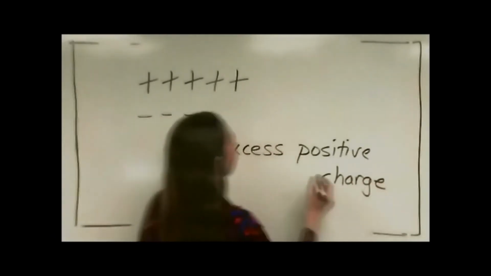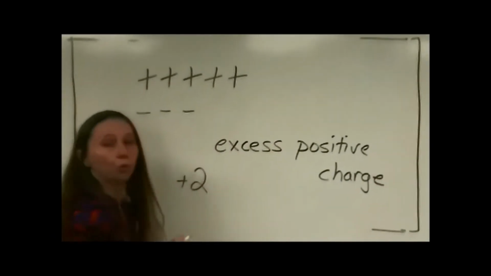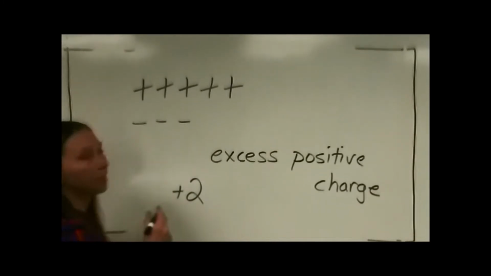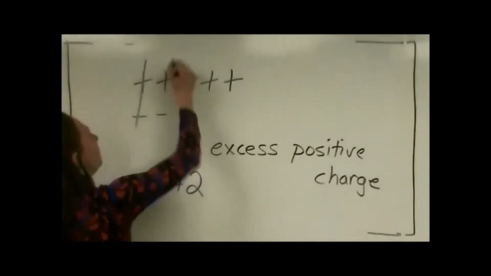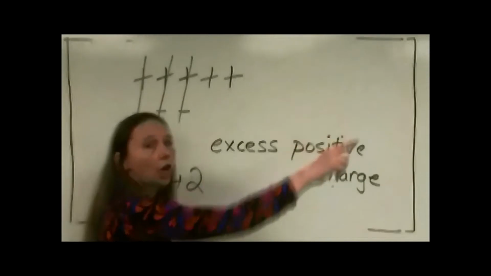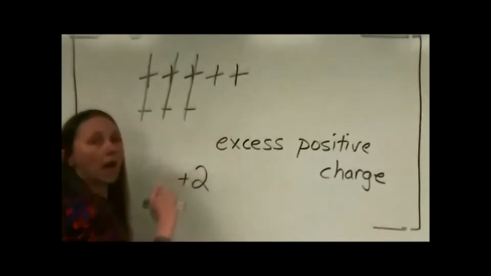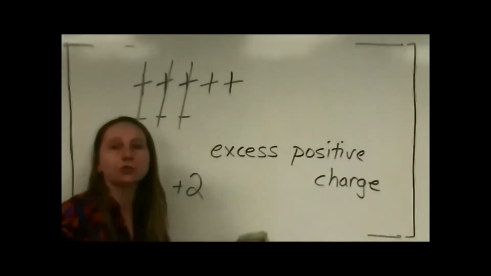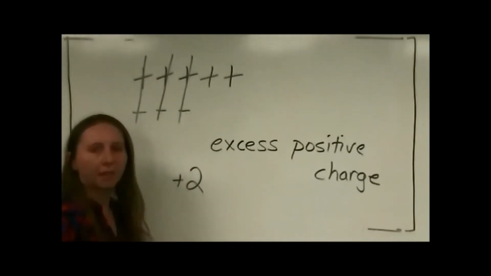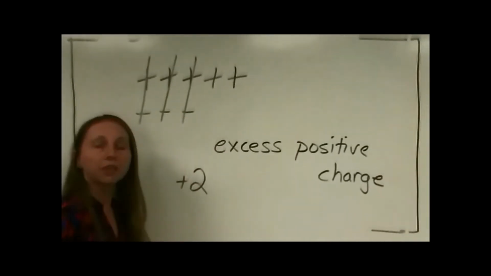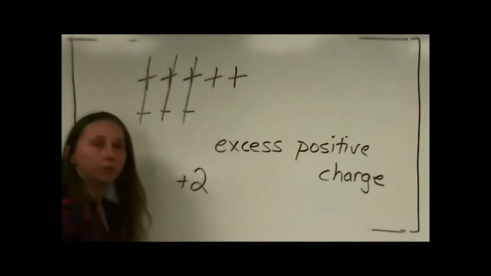In this case, +2. We say excess because these cancel, and because it lost 2 electrons, this object now has 2 extra protons that are not being canceled by electrons. This object is positively charged, +2.